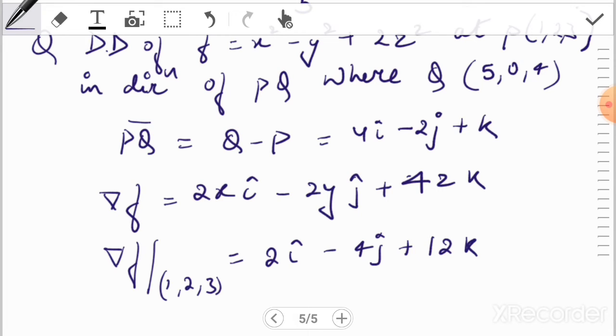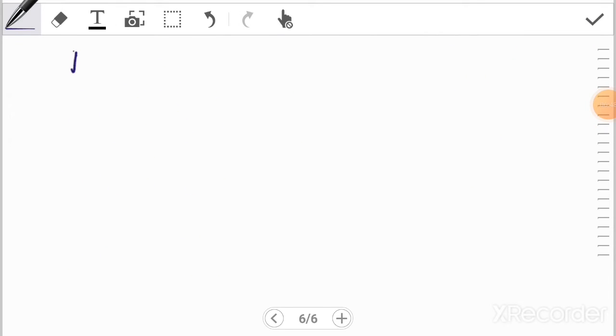Now we need to find the unit vector along PQ.